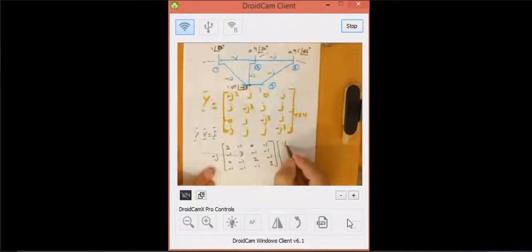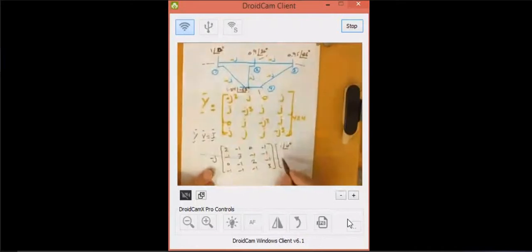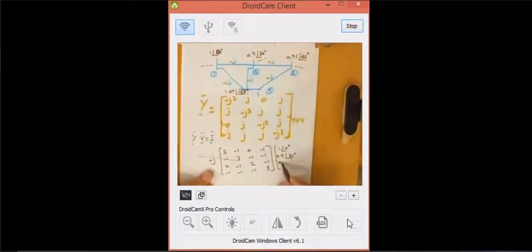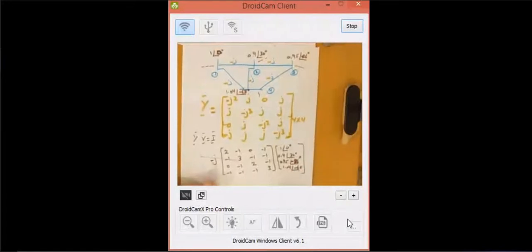So 1 angle 0, 0.9 angle 30, 0.95 angle 26 minus and 1.04 angle minus 68. So if you multiply y by v, then you will get injected current I1, I2, I3, I4.